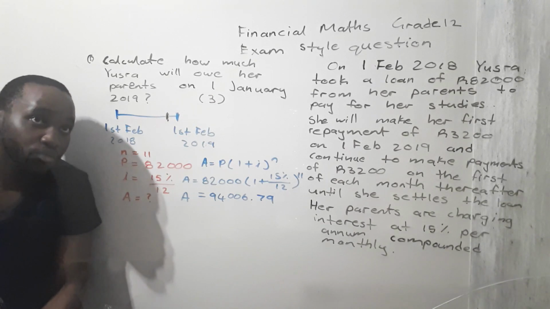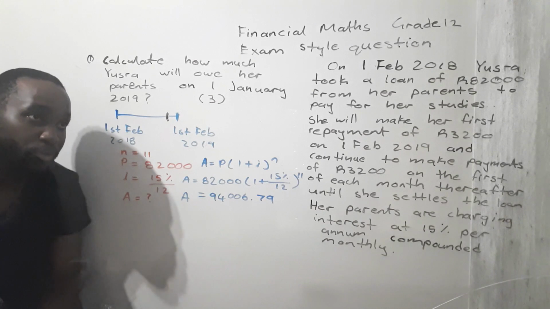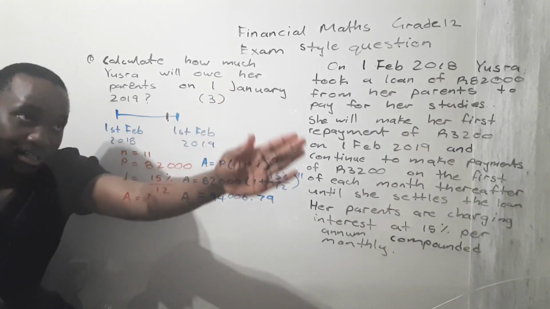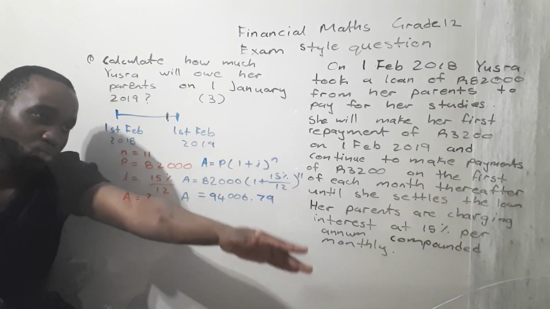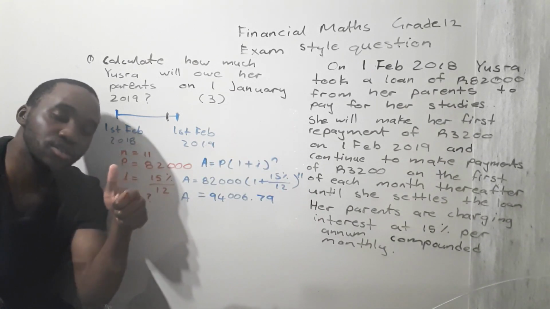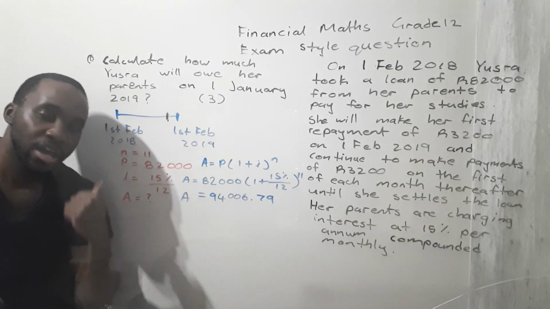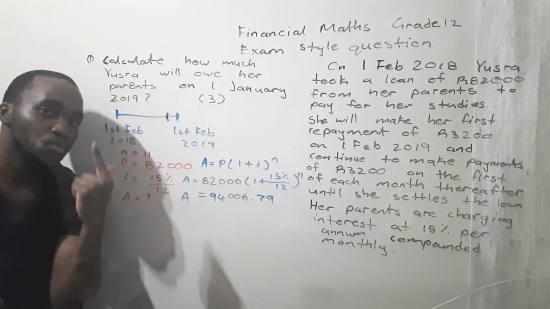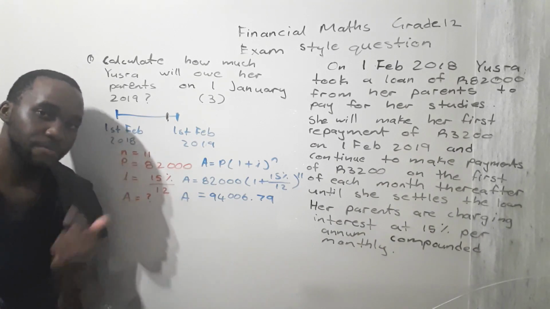So that's what we need to do for this question. And now we're just going to jump into 2 more questions that they can ask for this same scenario. And those 2 questions include things like how many payments she needs to make to cover the loan and what her final payment on the loan would need to be.